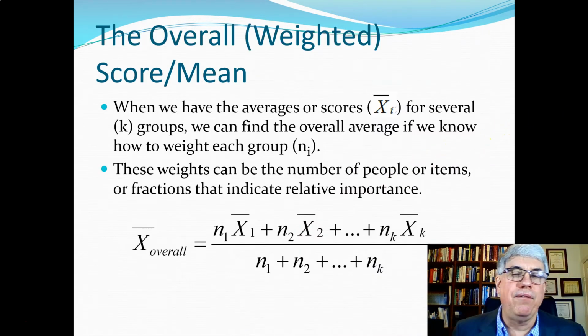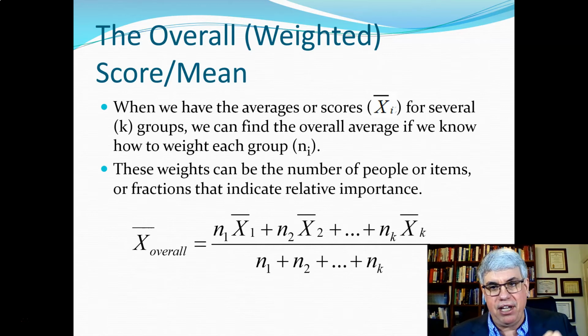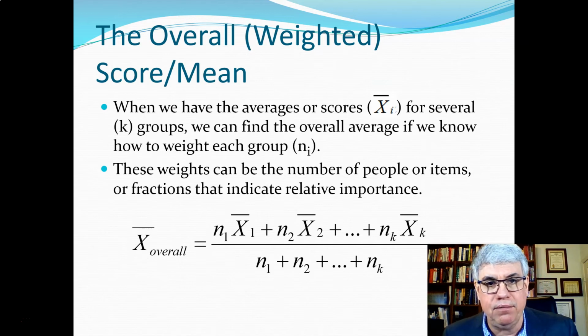Now, when we use the overall or the weighted mean, or the overall or weighted score, we can think through what we are actually going to do, rather than writing down everything a certain amount of times, or if they're not whole numbers, what can we do?